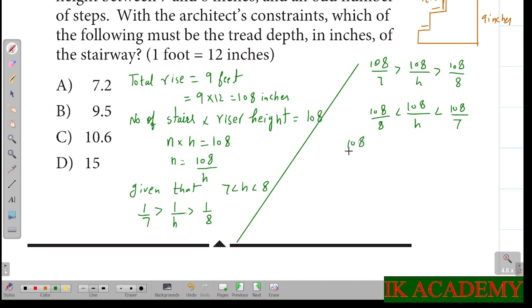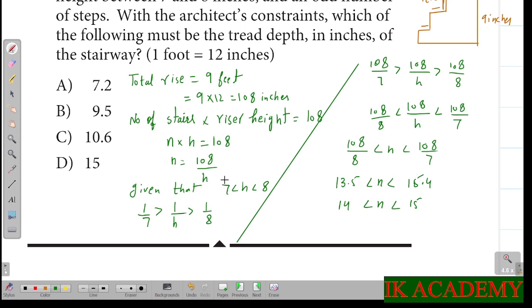So 108 divided by 8 is less than n, less than 108 divided by 7. 108 divided by 8 is almost 13.5, which is less than n, less than 108 divided by 7, which is 15.4. By rounding off, we can write n is greater than 14 and n is less than 15.